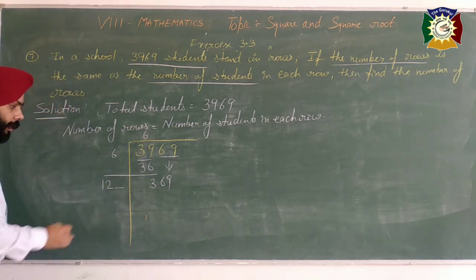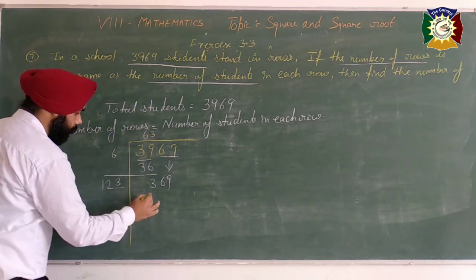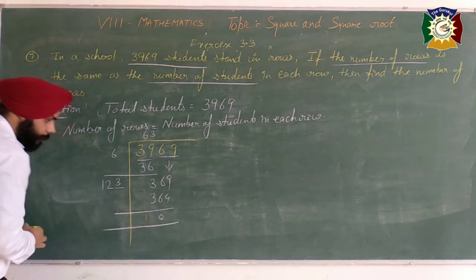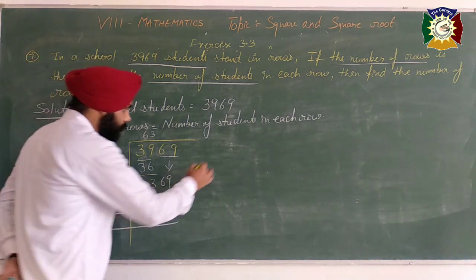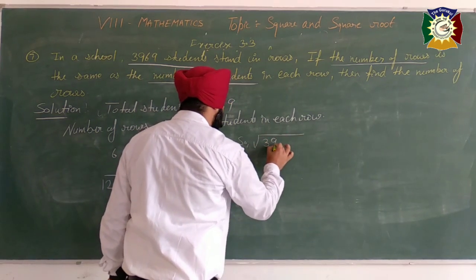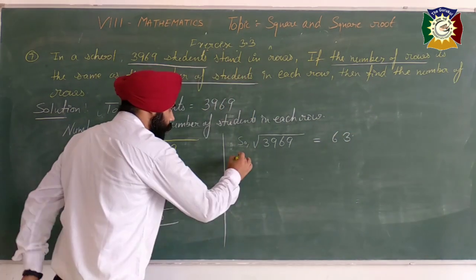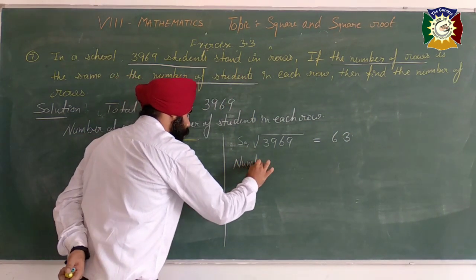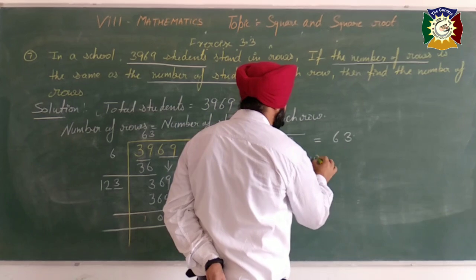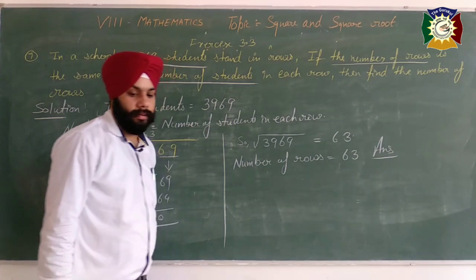So in place of this I take 3, 123 multiplied by 3, we get 369. So we get 0 here. It means our process stops here. So the square root of 3,969 is equal to 63. So the number of rows is equal to 63. That's our answer.